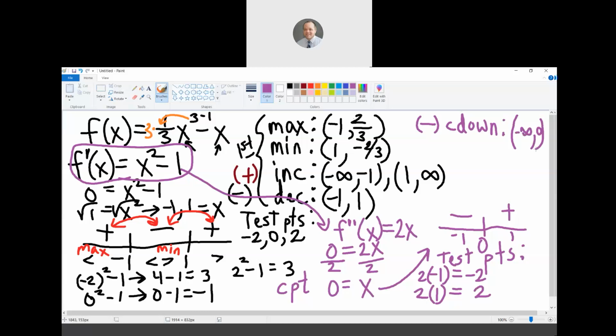And the plus sign on our number line for the second derivative indicates where our function is concave up. So that happens everywhere greater than 0 or from the interval 0 to positive infinity.